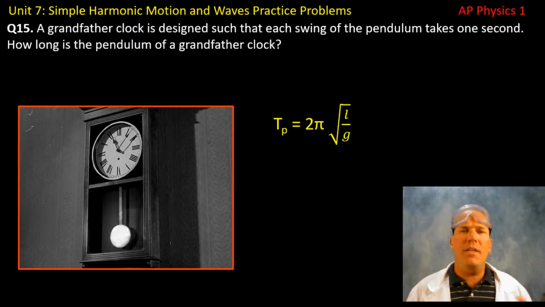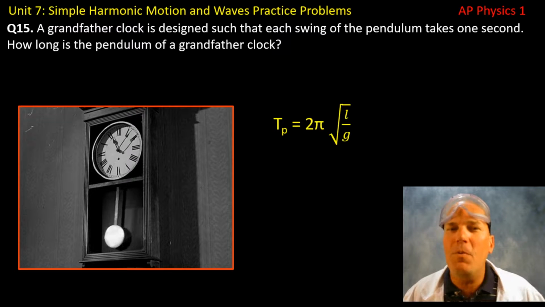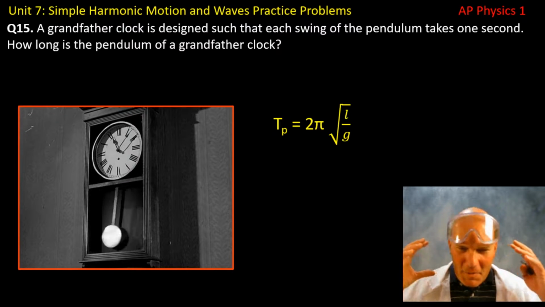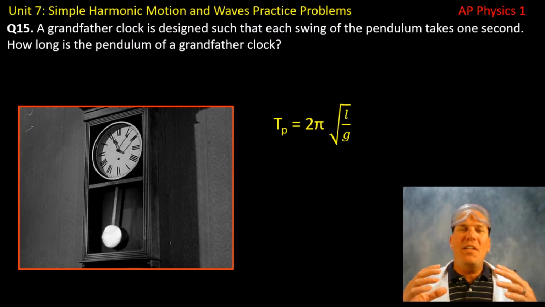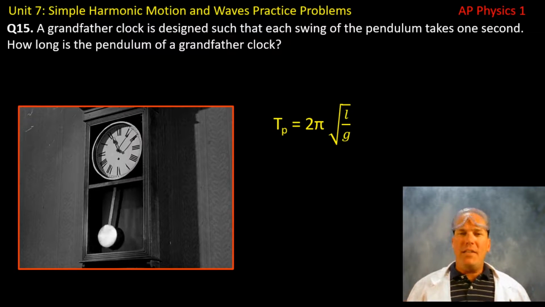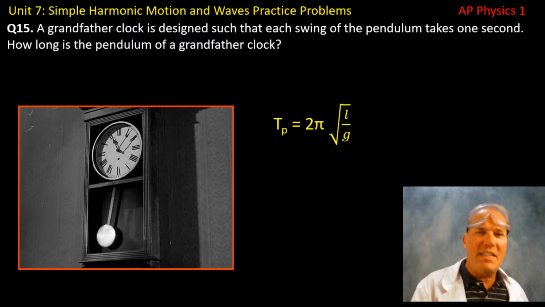Period of the pendulum, again, is 2 pi times the square root of the length divided by little g. After going through question 14, I've been over this repeatedly, and you should have a really good mathematical understanding of how both the length and the acceleration due to gravity change the period, the amount of time for a cycle.